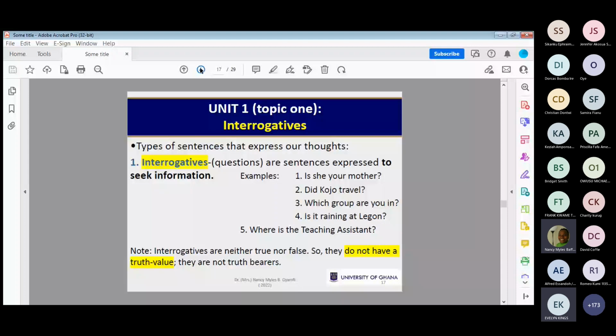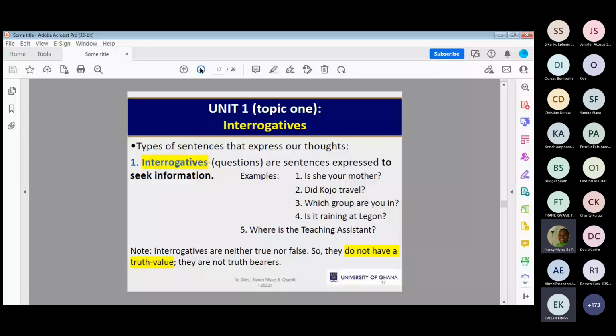So for example, sometimes when I speak or when you speak, the intention of the speaker is to make the person listening give you information. You want information. Okay, you are seeking information.